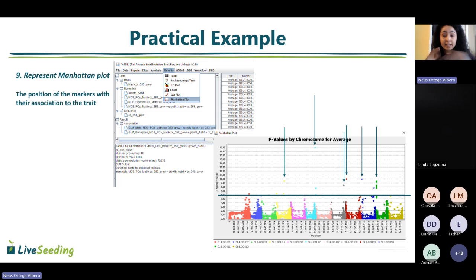Okay, let's say that this threshold says to you that anything above is actually related to the trait and is not a false positive. We are confident of this result.